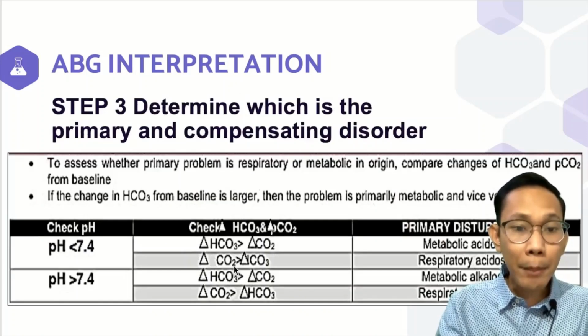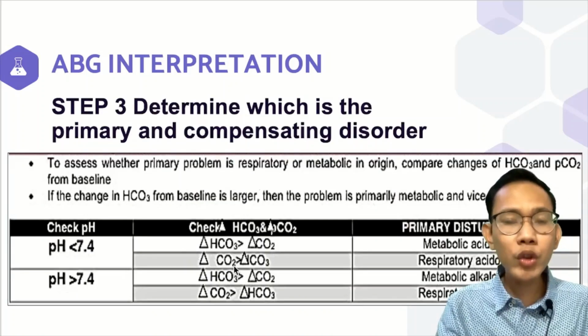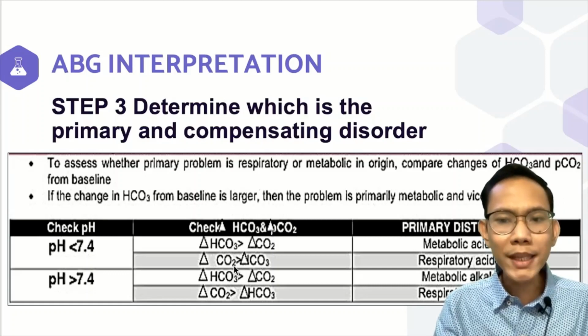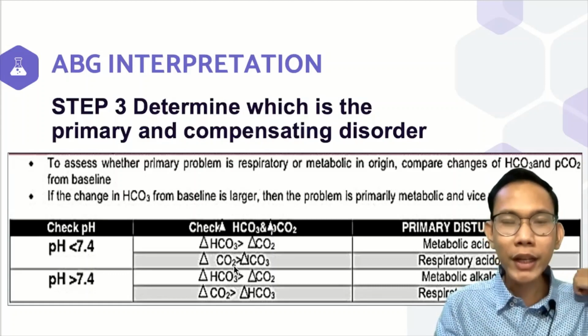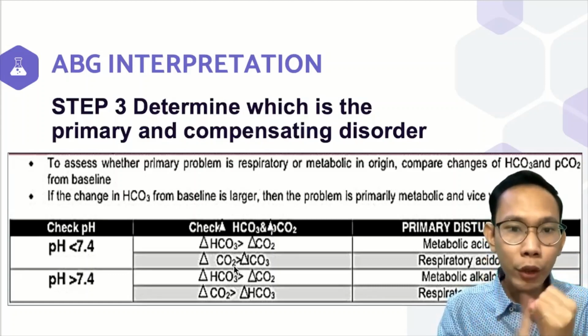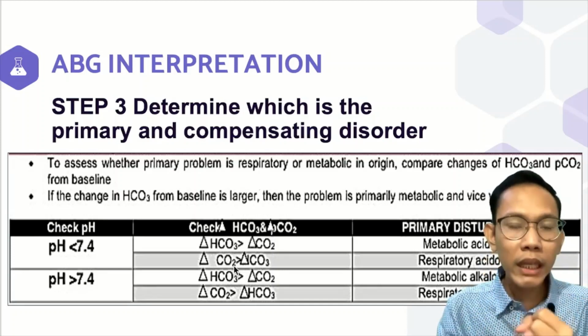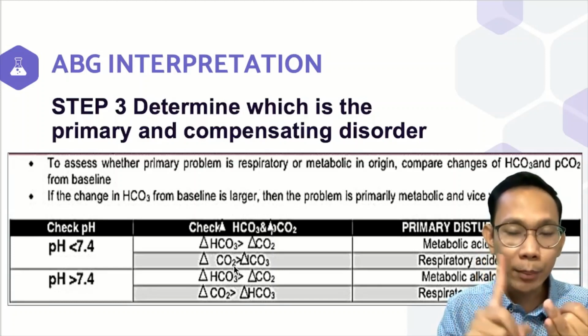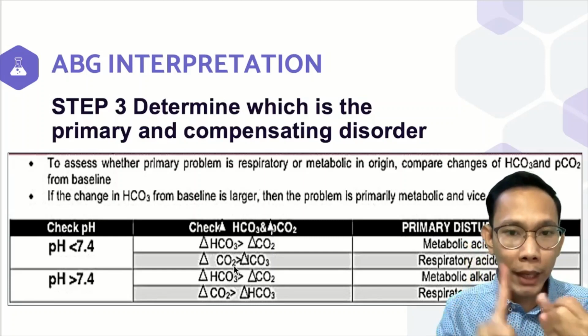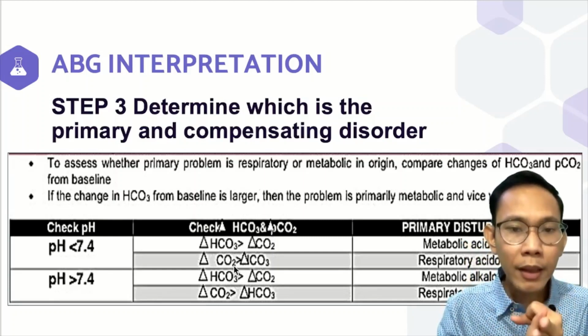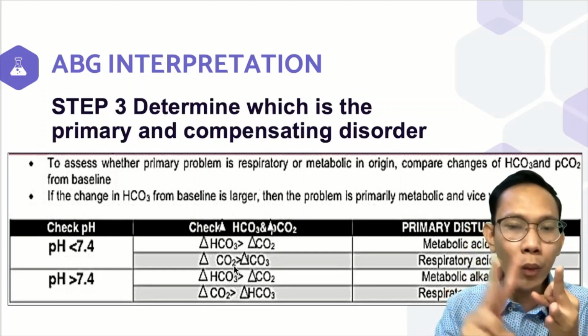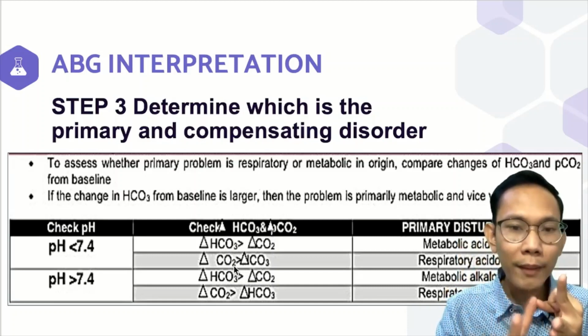Sa step 3 naman, you have to determine which is the primary and compensating disorder. So again, step 1, determine muna yung pH. Yung step 2, i-evaluate natin yung levels ng ating PCO2 and your bicarbonate. And sa step 3, based sa step 2, di ba, may dalawa tayong result na makukuha.